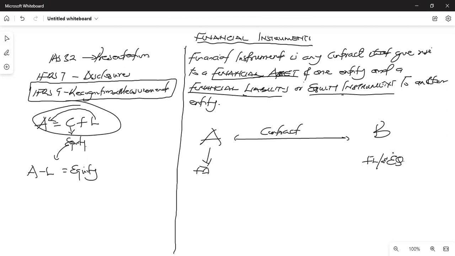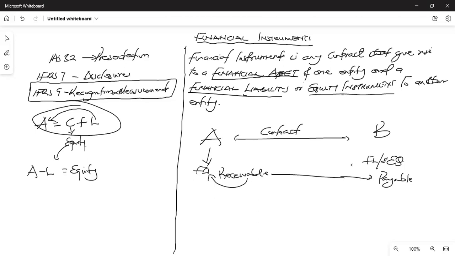Now you can see that, for example, if you have a receivable in your books, it is a financial asset to this person. However, to the other party, it is a payable, which is a financial liability. So that is the double entry of it.